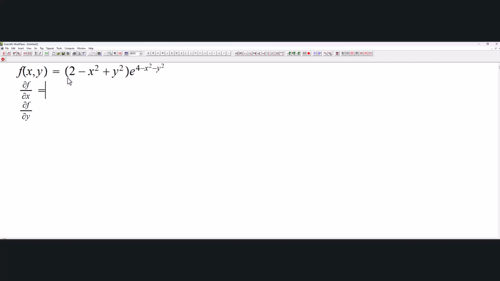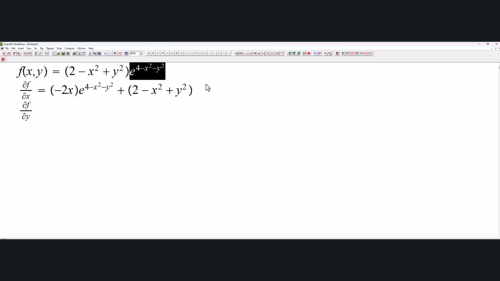So first we use the product rule. With respect to x, what we get first is negative 2x, and then leave the second factor as it is, plus, now we are leaving the first factor as it is, and we will differentiate this by using the chain rule.